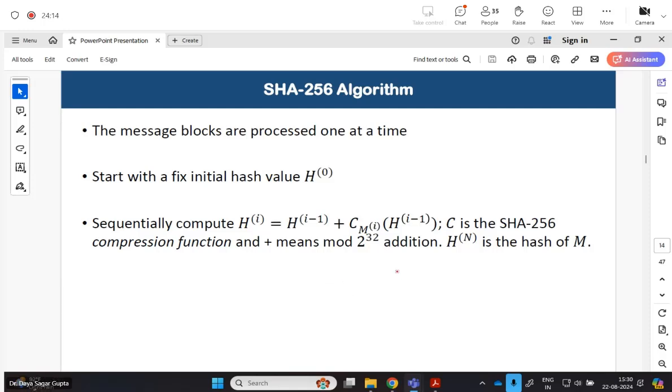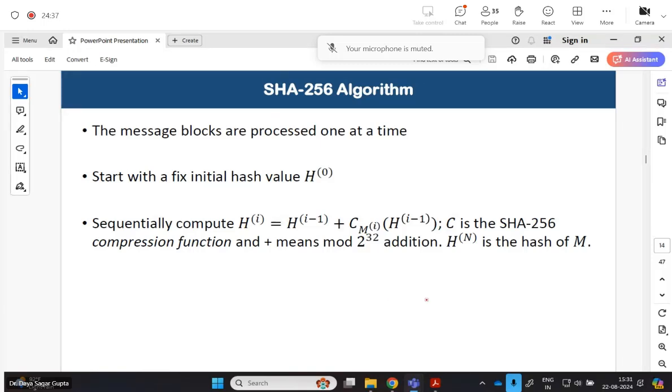What it means basically is, a message M is given to you. Let us call the message size L bits. Now you make this message a multiple of 512, in blocks of 512.